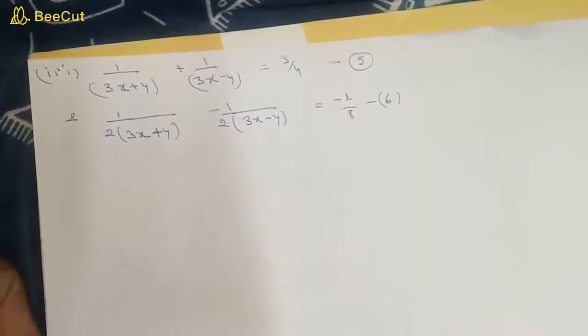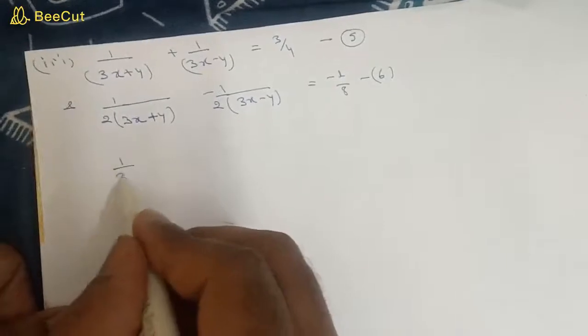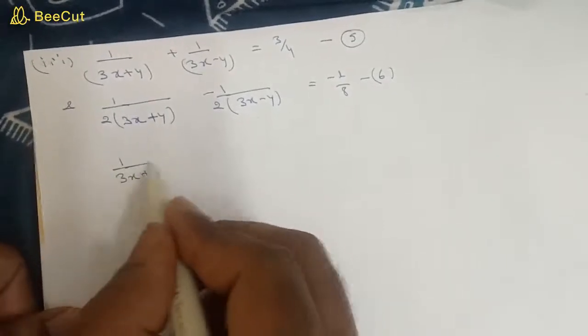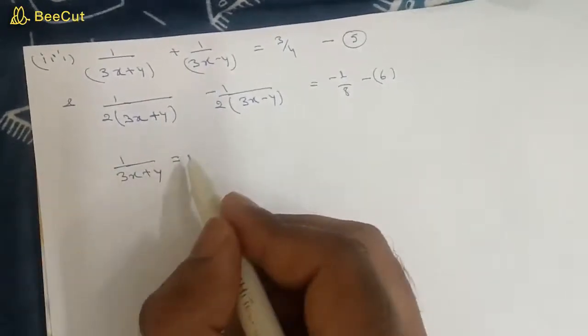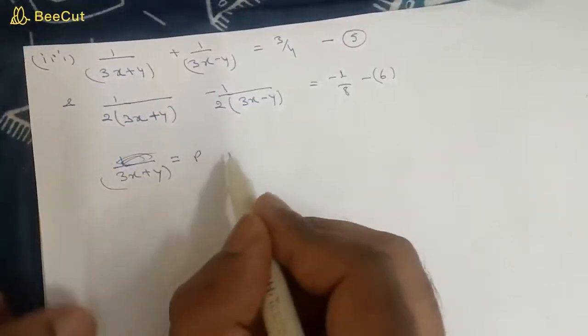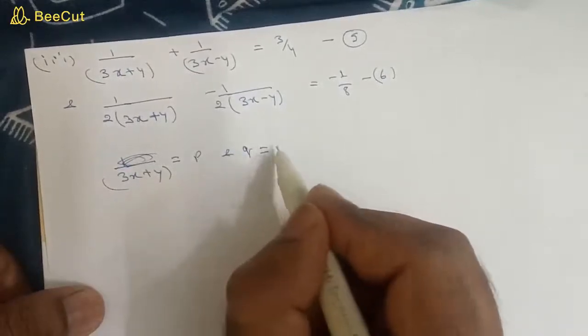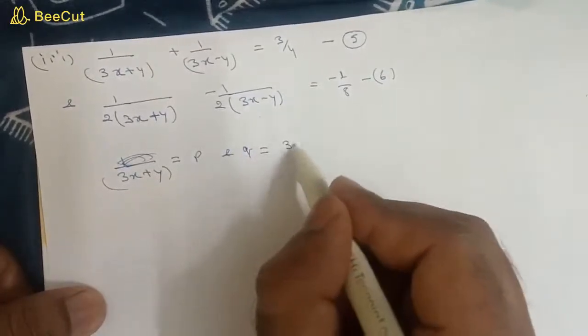So to solve these two equations, suppose 3x plus y is equal to p, and q is equal to 3x minus y.